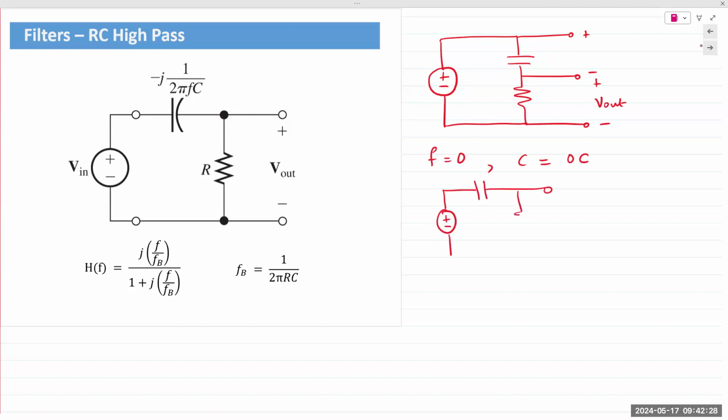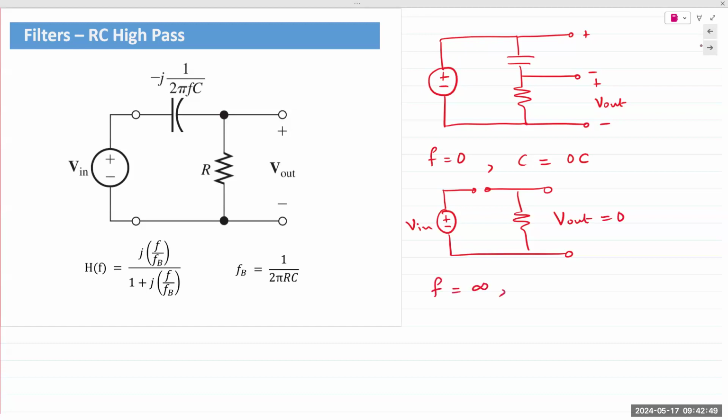What is the output? Is anything reaching the output? Yes or no? No, 0.